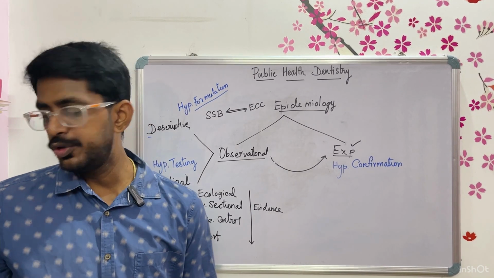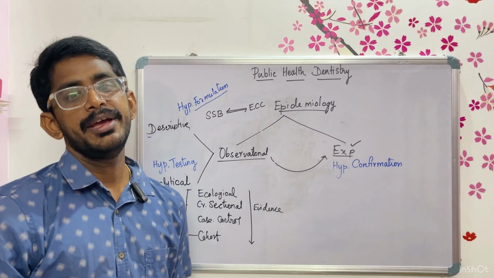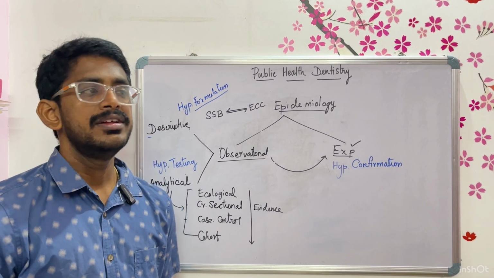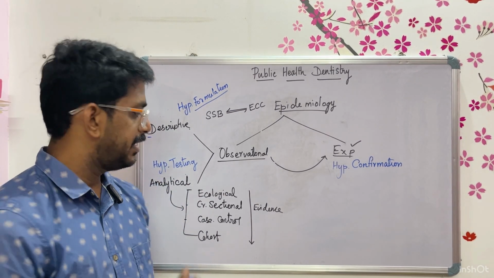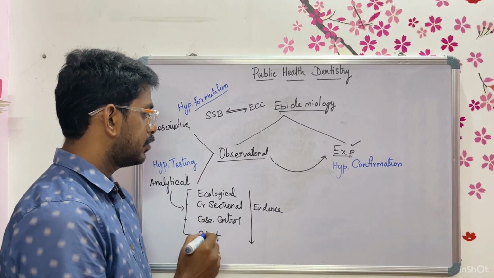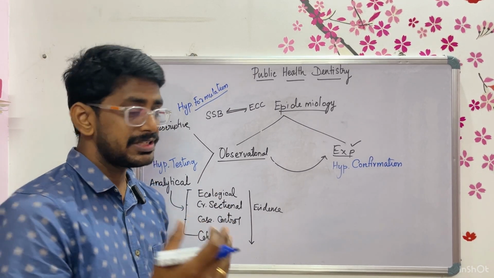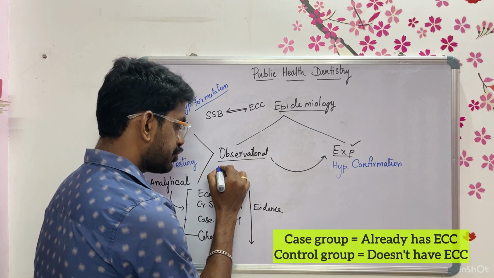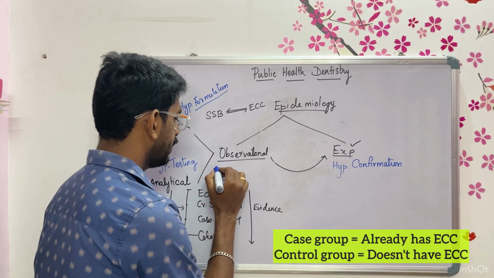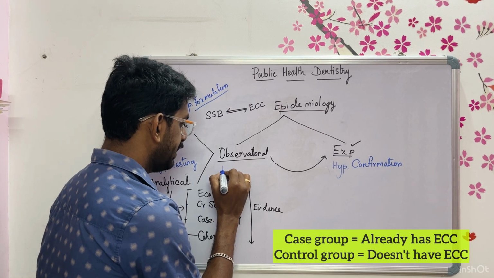Now it is our duty to test the hypothesis using an analytical epidemiology study. Okay, so imagine, let us take an example of a case control study. So the case control study design goes like this: there should be some group of children who already have this rampant caries. Okay, for example, ECC.